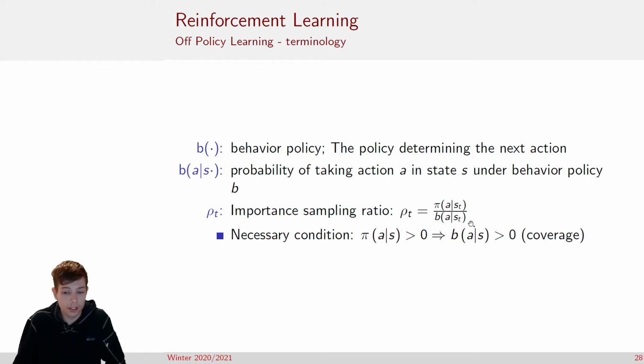So with the help of this behavior policy, which is of course nothing else than a probability distribution, because we're defining the probabilities here for an action given a state. And then the importance sampling ratio is the probability of choosing an action in the policy we want to learn, so our optimal policy pi, divided by the probability of choosing that very same action in our behavior policy.